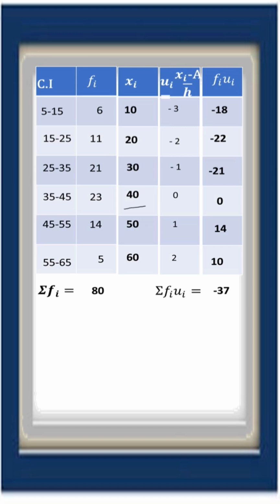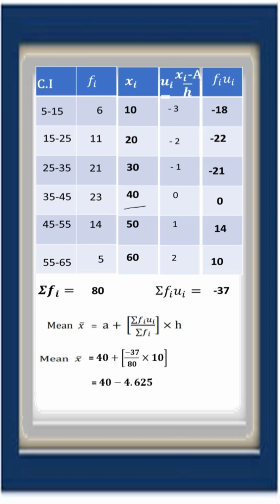Then h is 10. Let us substitute the values. So mean is equal to 40 plus negative of 37 by 80 into 10. Here 0 and 0 get cancelled. So negative of 37 by 80.